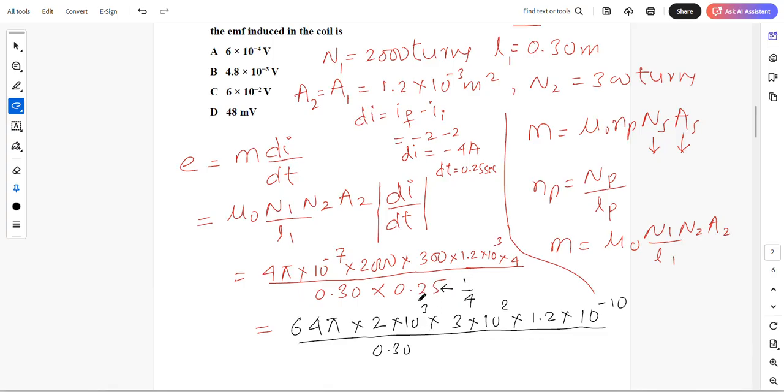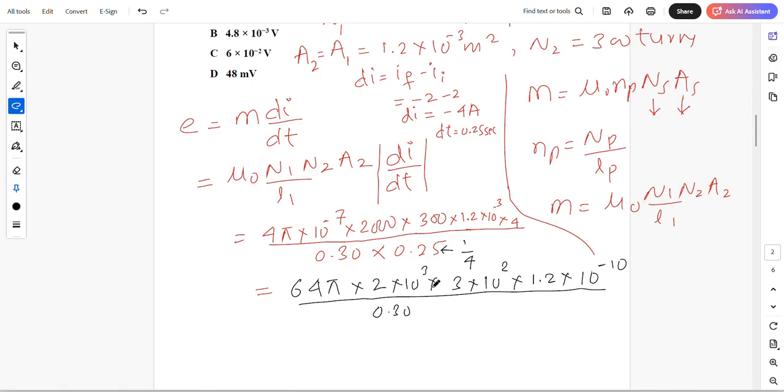Because I have written this 0.25 as 1 by 4, this has gone to numerator. Therefore, 4 into 4 is 16 into 4 is 64 pi. This is done, this is done.